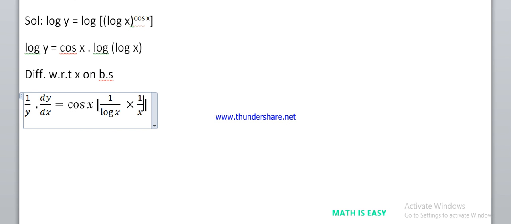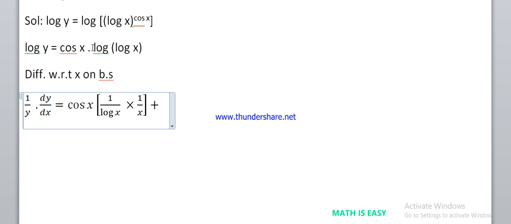First thing is, I have taken this entire thing as theta, so it is going to be log theta. Derivative of log theta is 1 upon theta into derivative of theta, that is derivative of log x. Derivative of log x is 1 by x. u derivative of v plus v derivative of u.